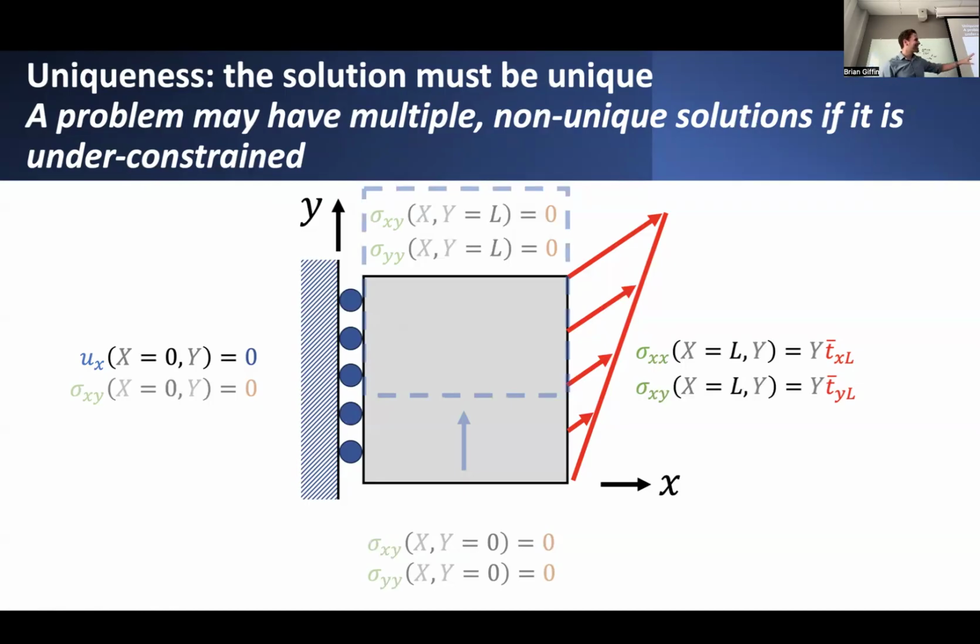What's going to happen if I just let this block go after I apply these loads? It's just going to fly off. There's nothing constraining this thing from just rolling on those rollers all the way to infinity and beyond. So in this case, we don't have a unique solution because we're not sufficiently constraining the body against rigid motion.